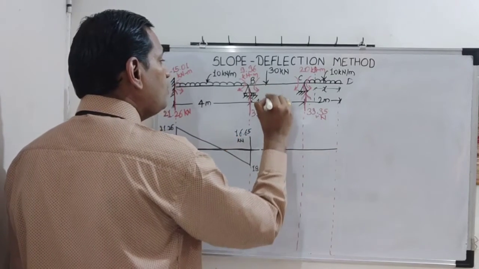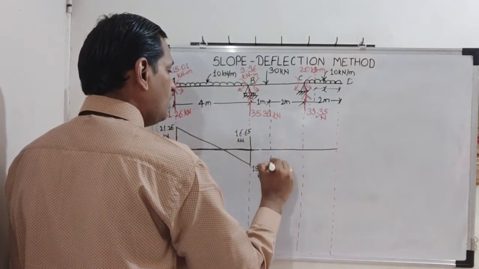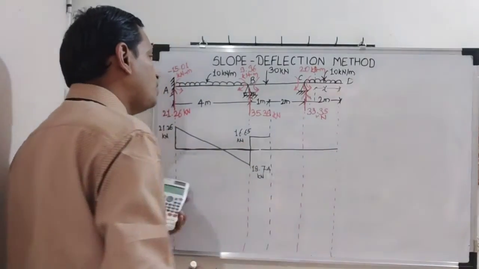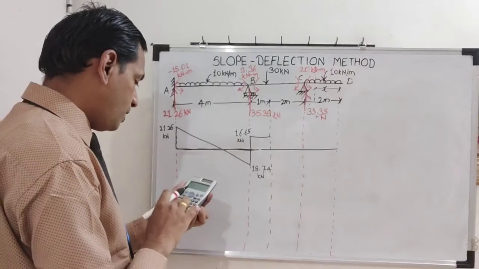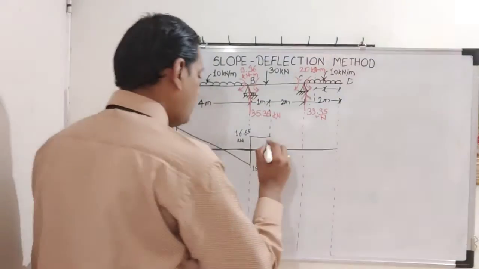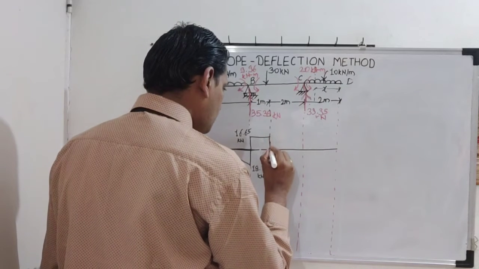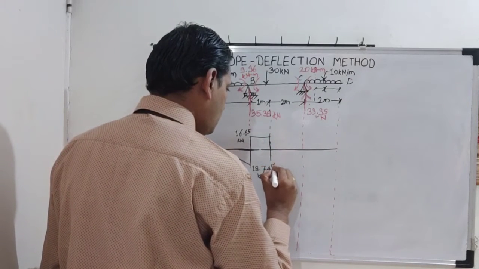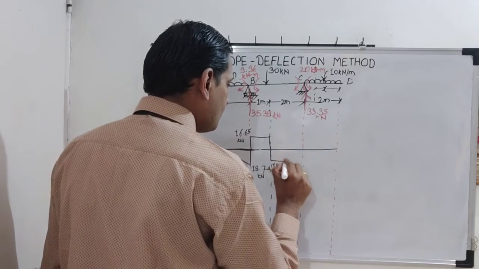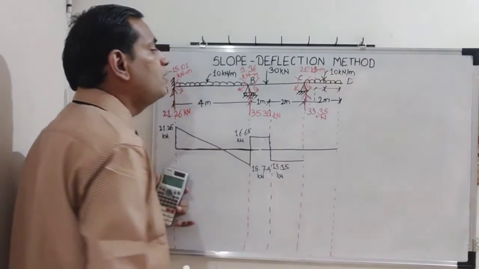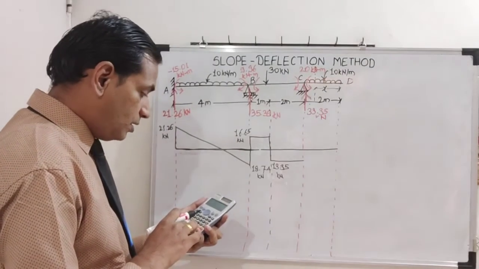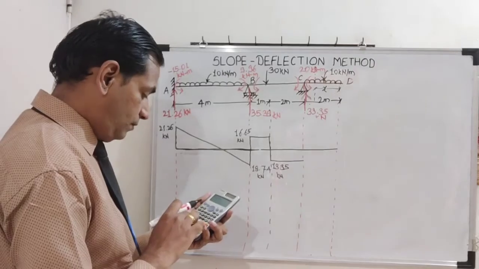Then it will be the same up to this point load. From this 16.65 subtract 30, so we will get 13.35 with minus sign. 13.35. Okay. Extend it up to joint C. Now in minus 13.35 add 33.35.